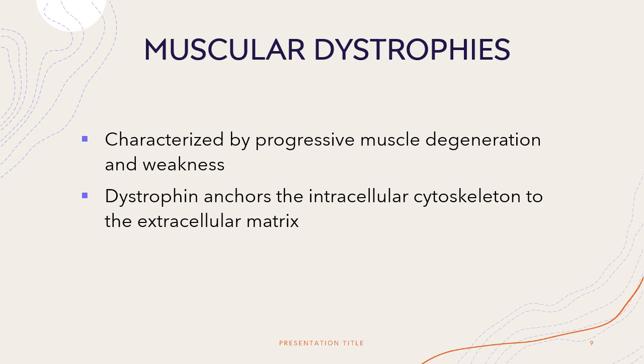If that is absent, there is a problem in muscle contraction and relaxation. Proper metabolism relies on the integrity of your cellular structure, and dystrophin plays a crucial role in maintaining it.